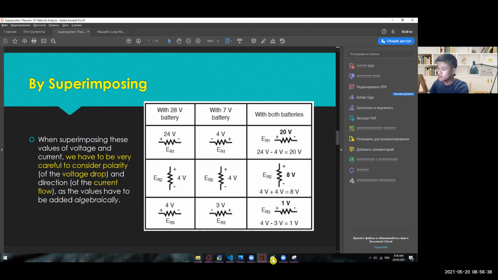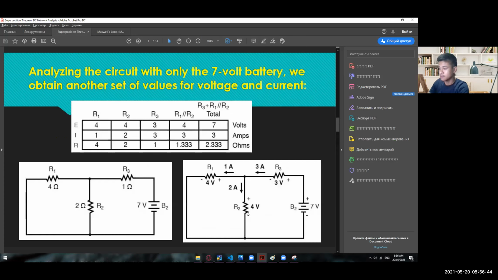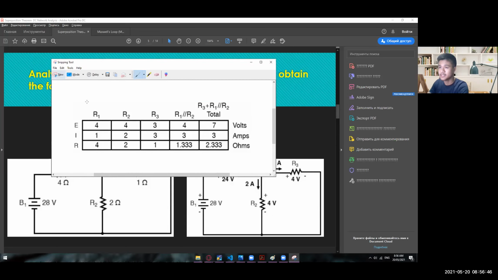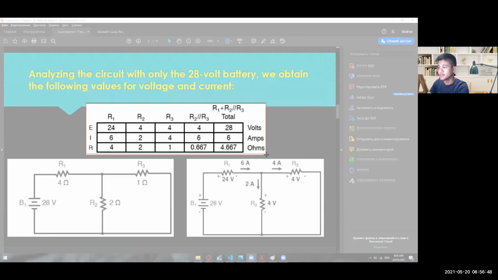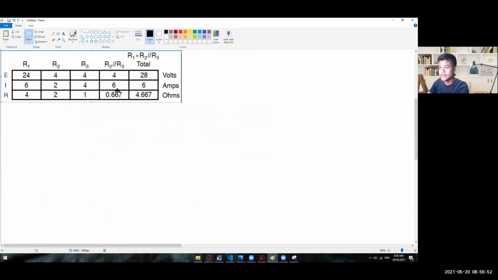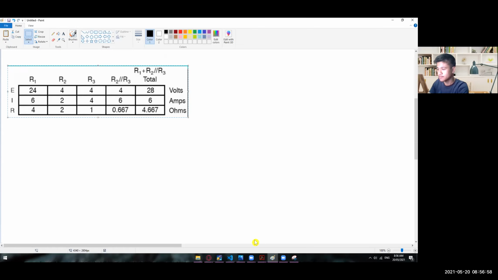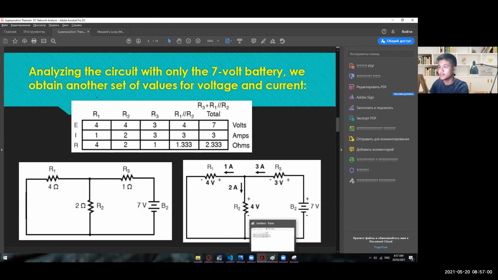So in order for us to compare it as clearly as possible, let me just get this table right here. That is the reason why they are in a table, to easily compare and add them together. Put it right here. And then here's the second table.